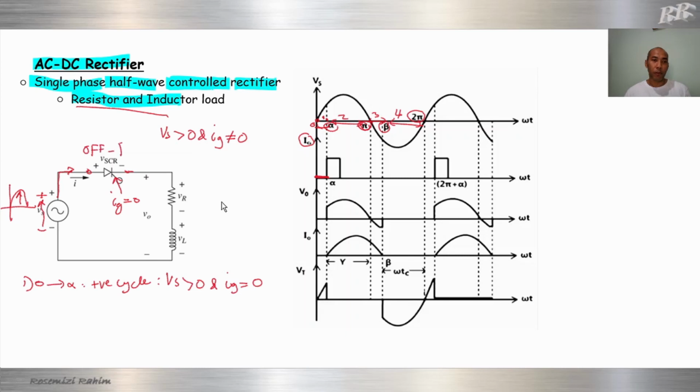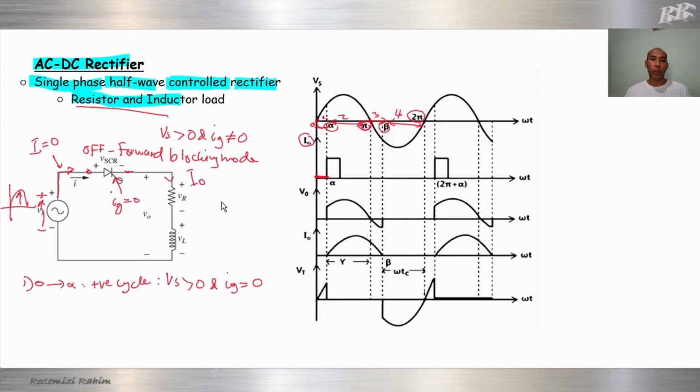Or sometimes we call forward blocking mode. Okay, forward blocking mode. So thyristor will be off. When the thyristor is off, current cannot flow. This I equal to 0, so I out also equal to 0.